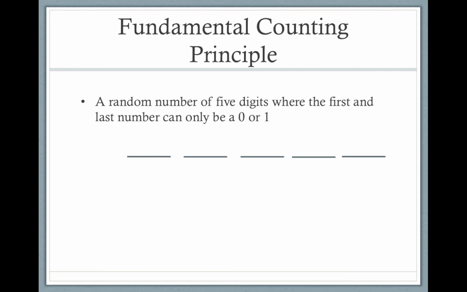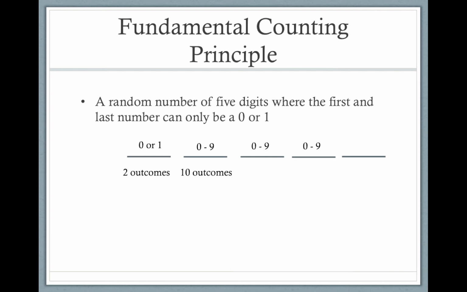All right, what about a random number of 5 digits where the first and last number can only be a 0 or a 1? So the first digit can only be a 0 or a 1, which gives us 2 outcomes. The second digit can be anything 0 to 9, giving us 10 outcomes.